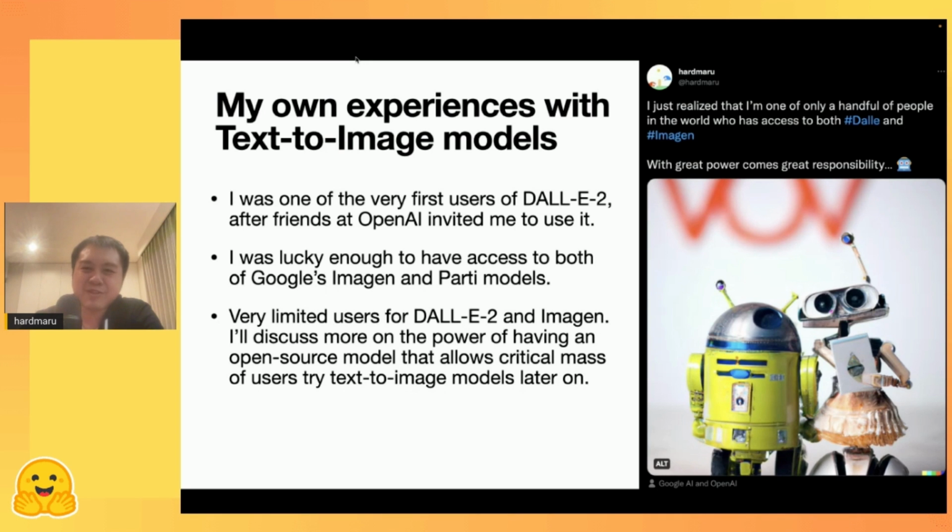I was one of only a handful of people in the world who had access to DALL-E 2 and Imagen, and it felt weird. It's like there's only a small number of users, and I felt like something was kind of wrong, because I think this amazing technology should just be available to everyone. But I had access to it, so I played around with it.